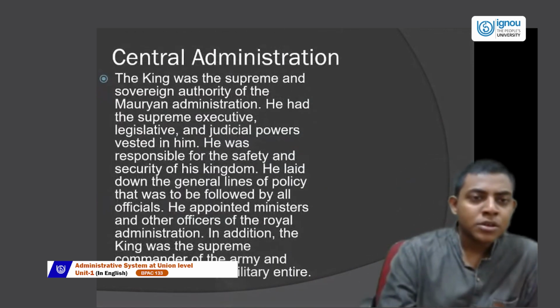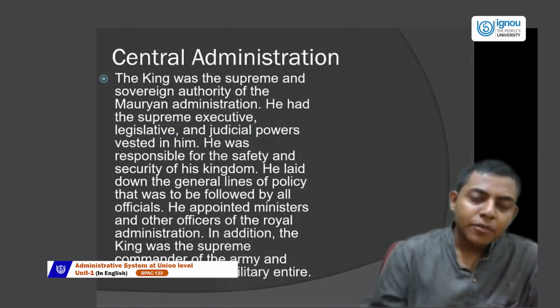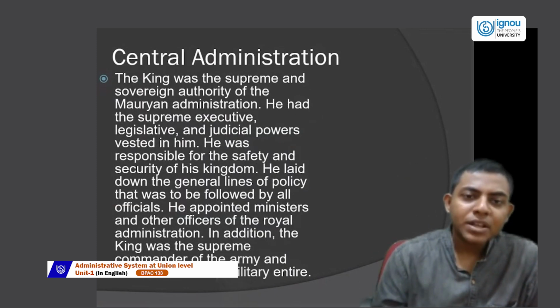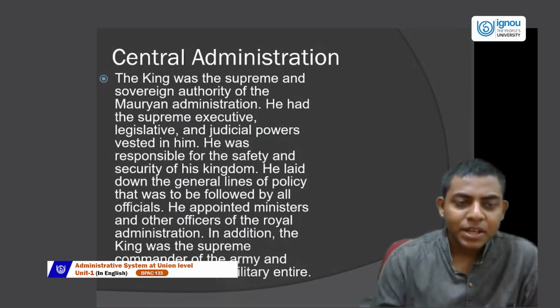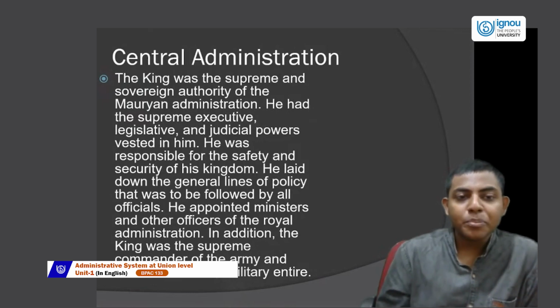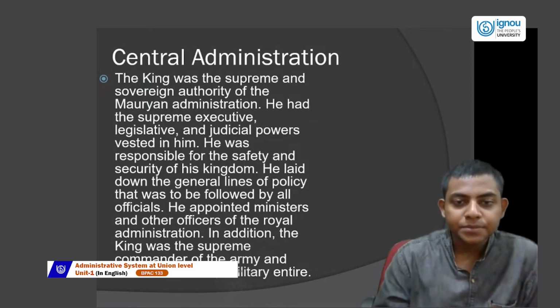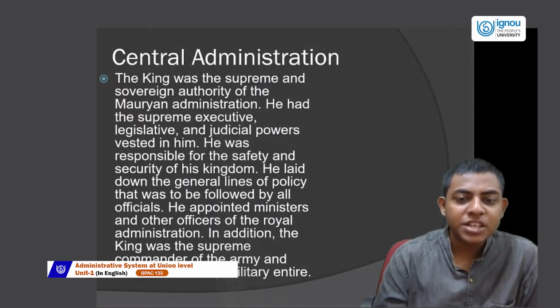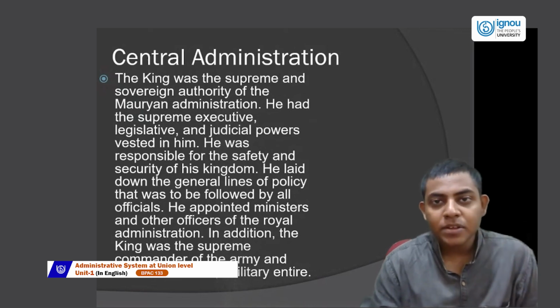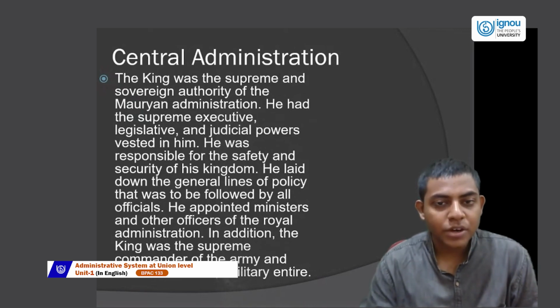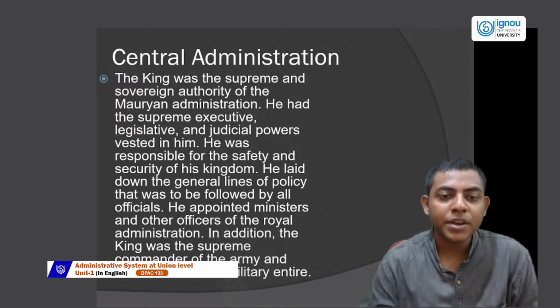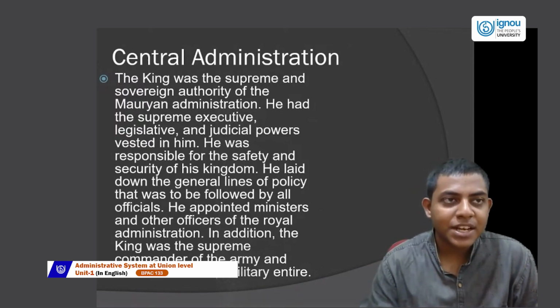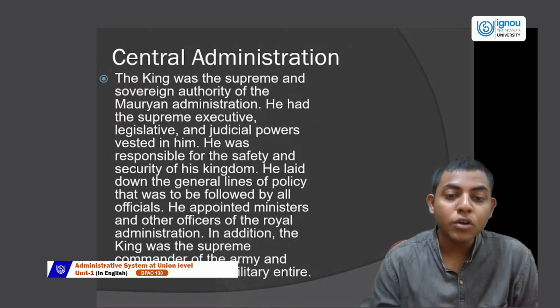As we have studied while we were doing Kautilya as well, in the central administration, the king was the supreme and sovereign authority in the Mauryan administration. The king had supreme executive, legislative, and judicial powers vested in him. All the executive, legislative, and judicial powers were vested in the king only.